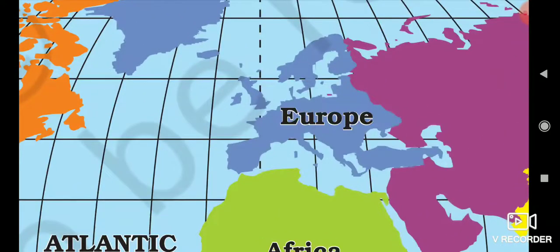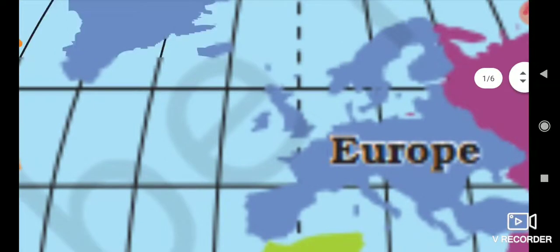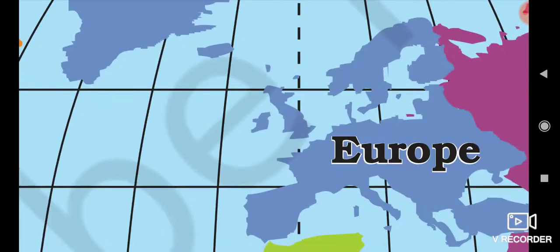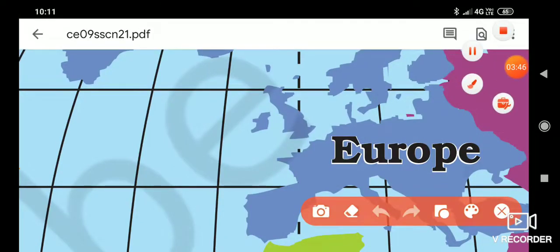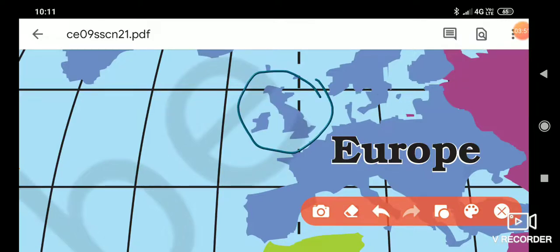So let's zoom in, and let me tell you here. This is the United Kingdom. We don't take southern Ireland in the United Kingdom, but overall we call it the United Kingdom. You can see this prime meridian is passing from here.